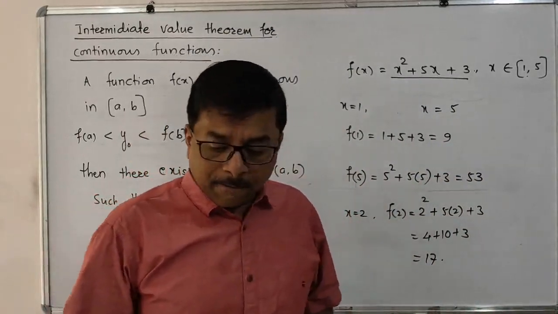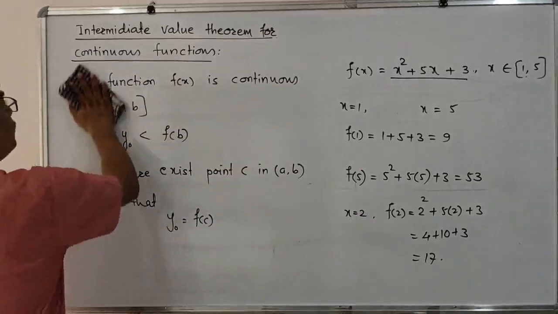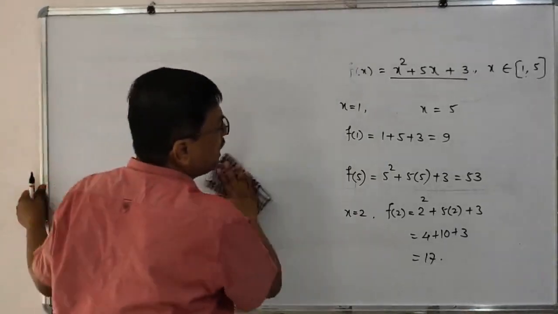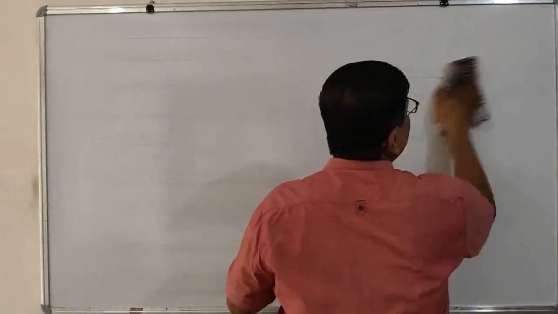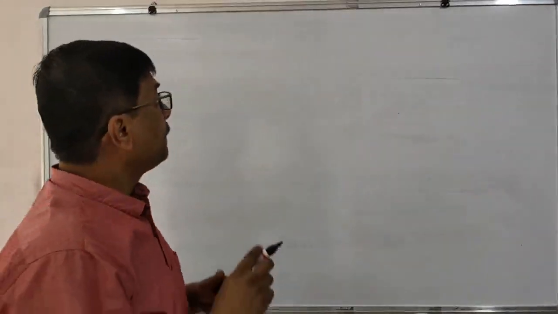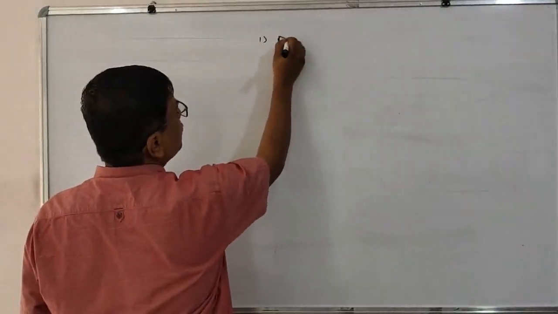Now students, we have studied so many concepts in the chapter continuity. I will revise just the names of those concepts before solving the exercise. Only one exercise is in this chapter. First of all, we have studied the definition of continuity.